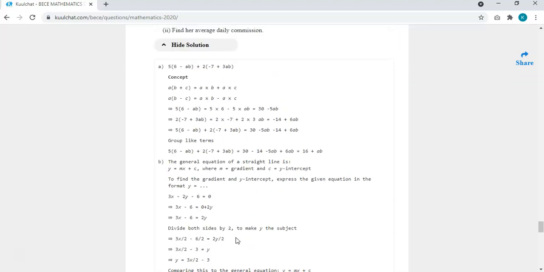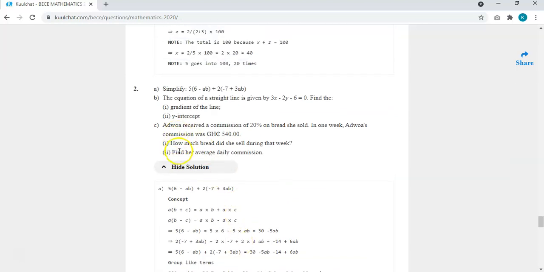Okay, then question II says find the average daily commission. So average: when we talk of average, average is calculated by the total over the number of what you are considering.